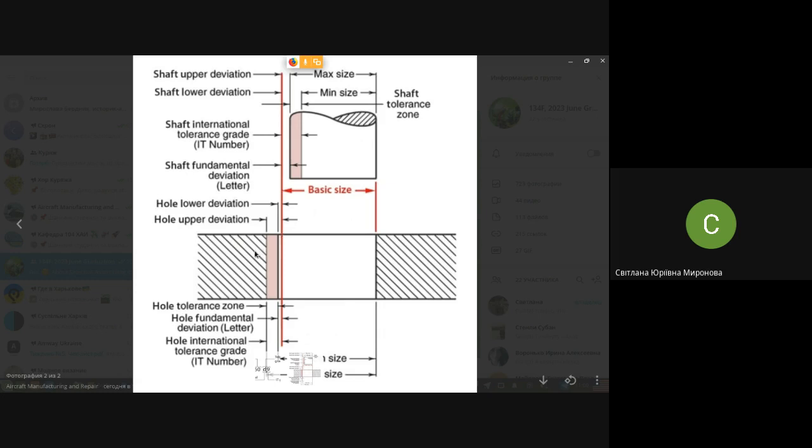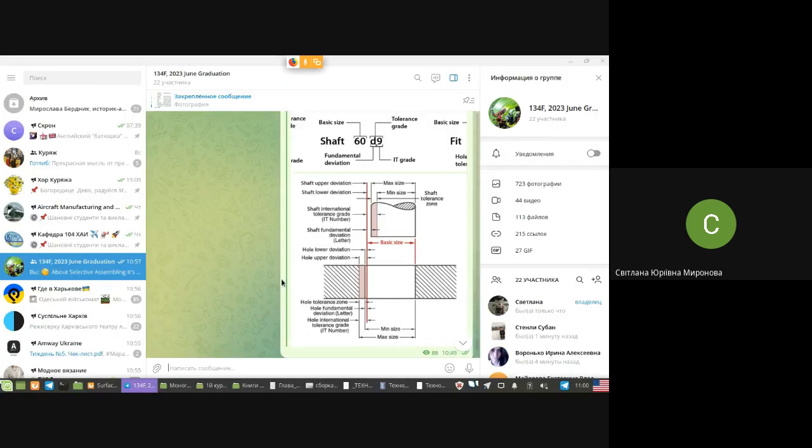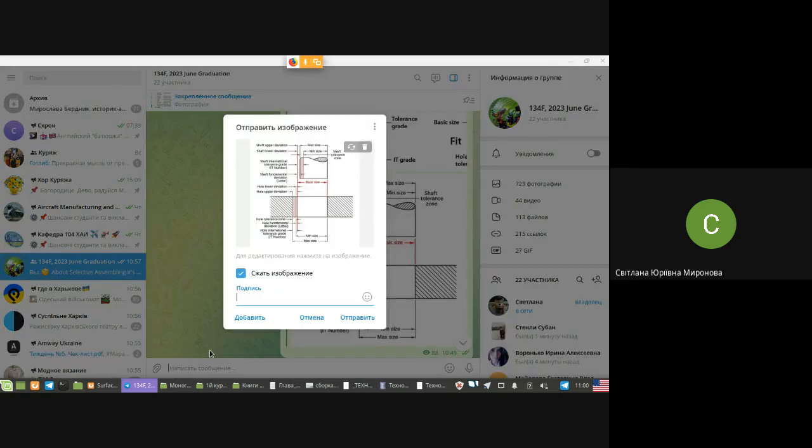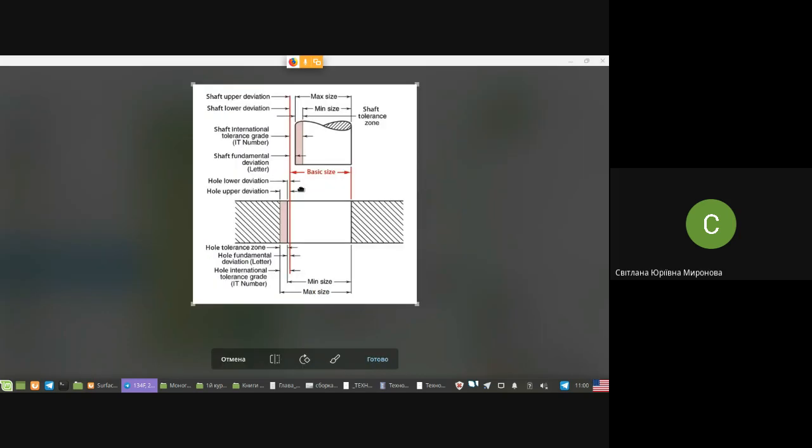Pay attention now. Look at what the possible ultimate combinations of sizes may be.